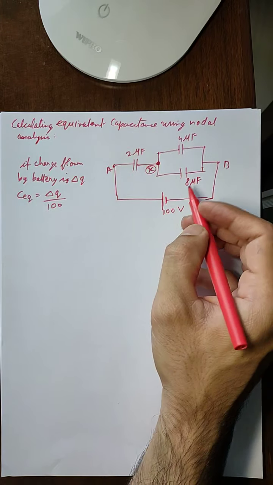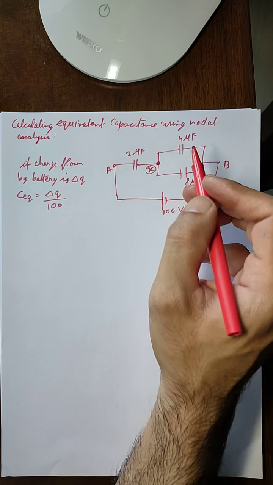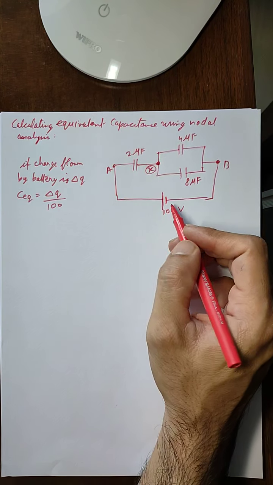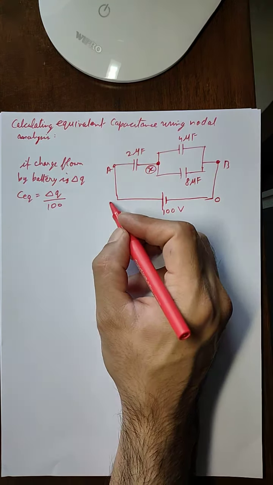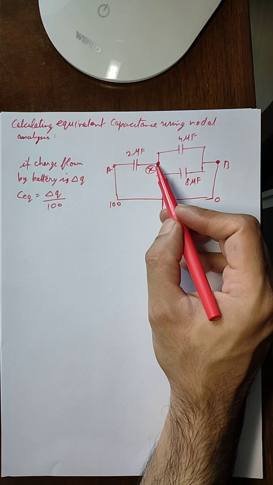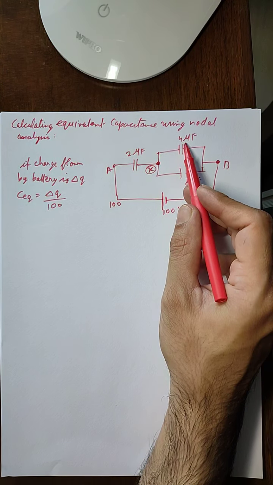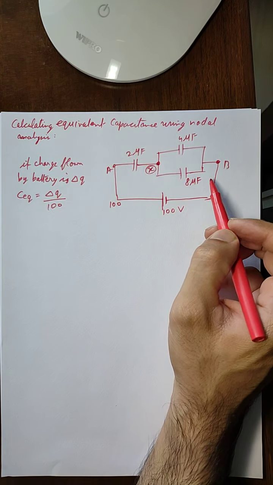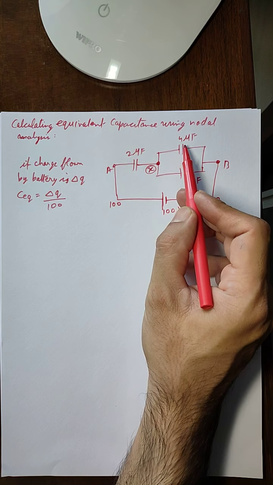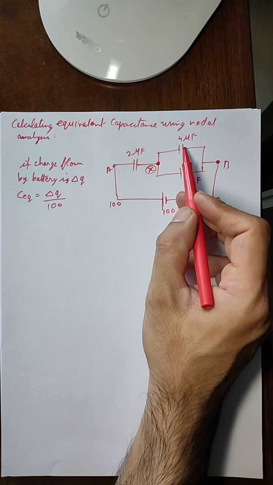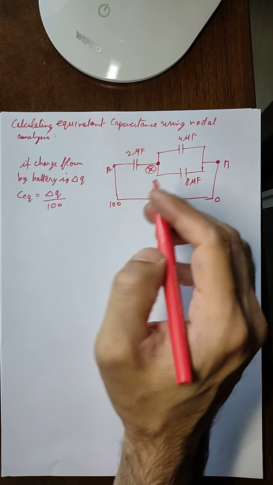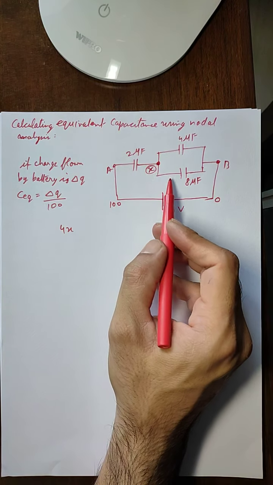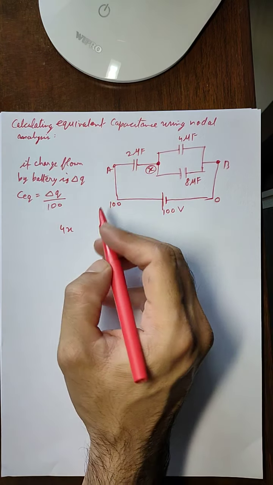Since C is 4 microfarad and V here is the potential difference between X and this terminal, and we have taken this terminal as 0 potential and this as 100 potential, the potential difference for the 4 microfarad and 8 microfarad capacitors is X minus 0, that is X. So the potential over this capacitor is equal to X. Hence the charge will be 4 into X. So the charge on this capacitor can be written as 4X. Similarly, the charge on this capacitor can be written as 8X.